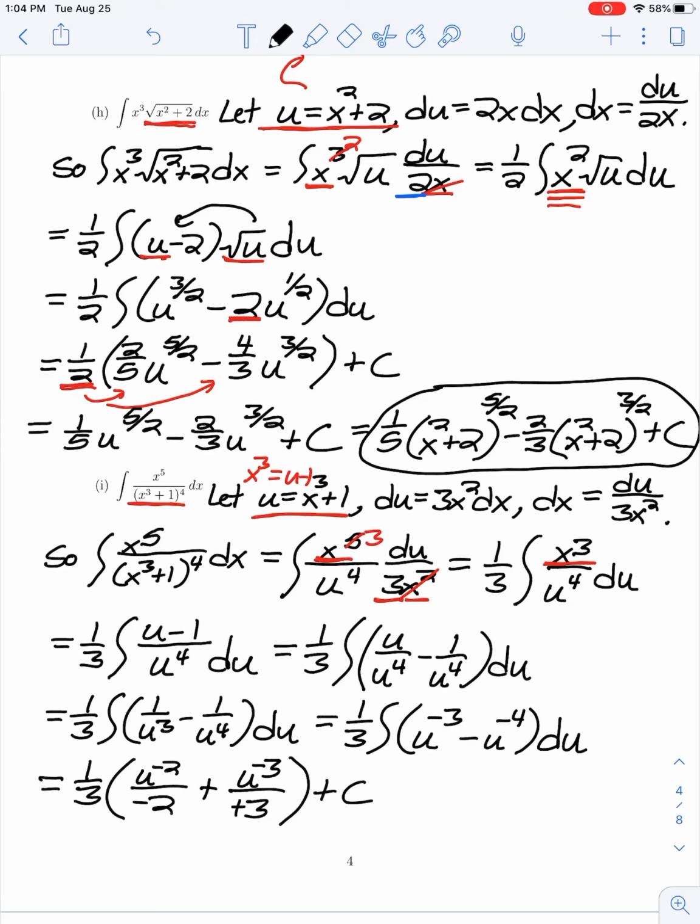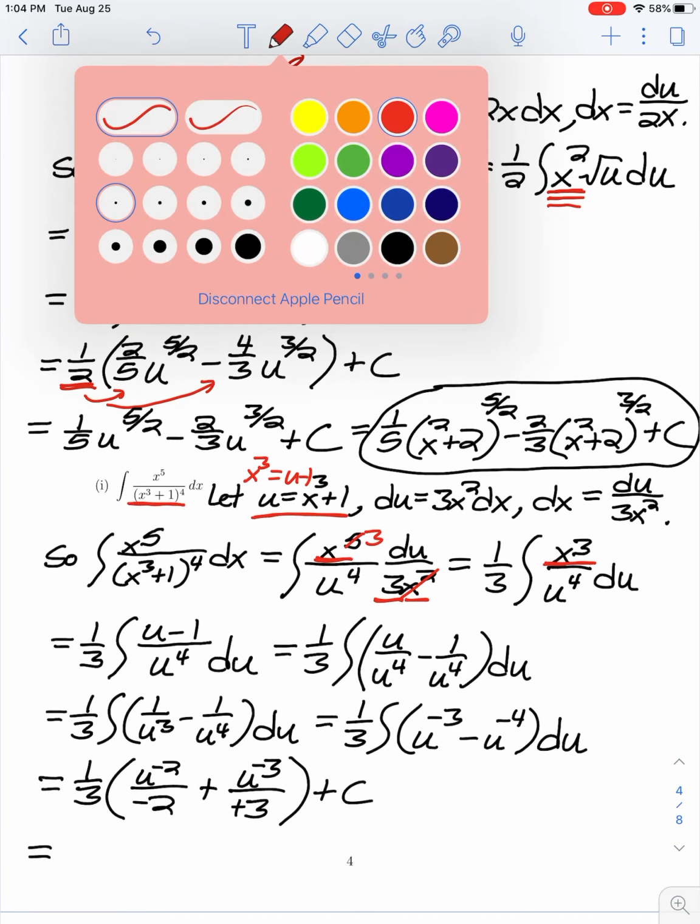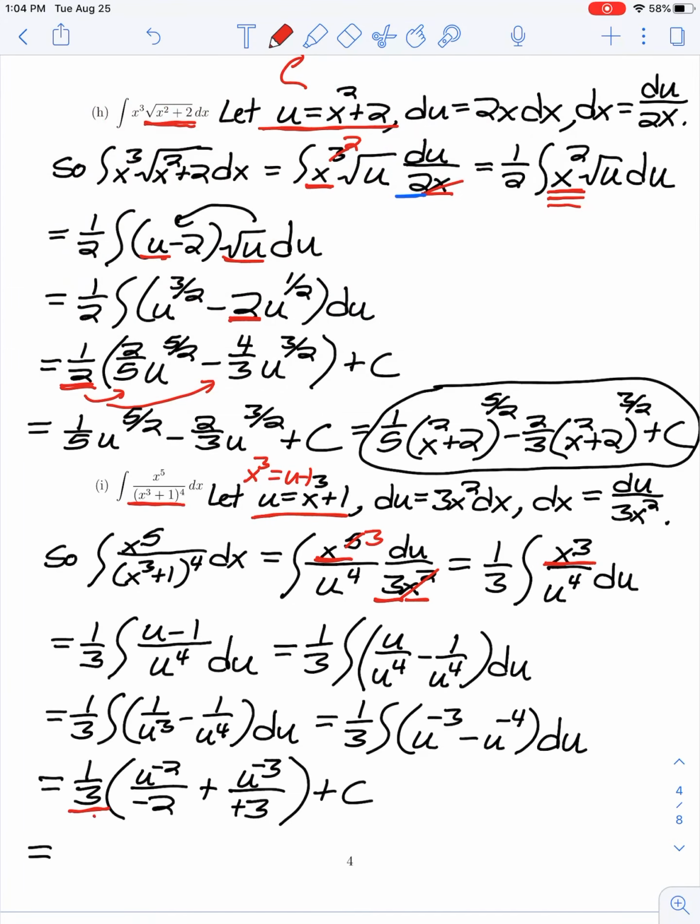So let's simplify a bit further here. I'm going to start by grouping my constant terms. So I had my 1/3 out in front, which I'm going to distribute to each of these terms. For my first term, I have 1/3 times negative 1/2, which would give me negative 1 over 6.